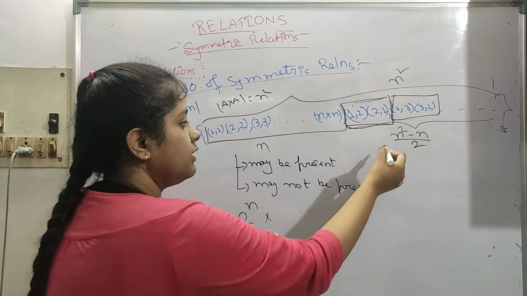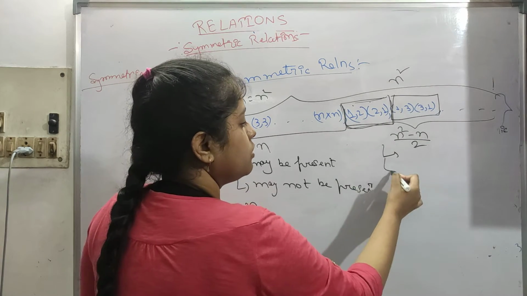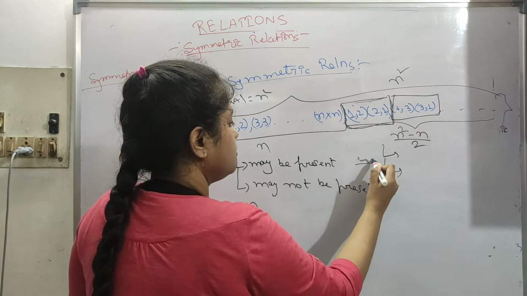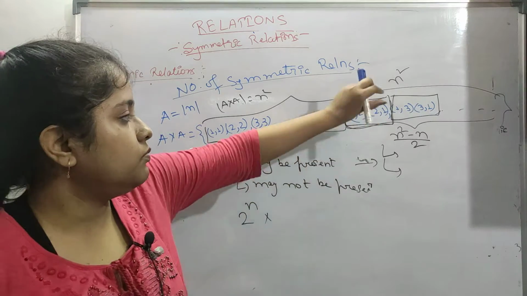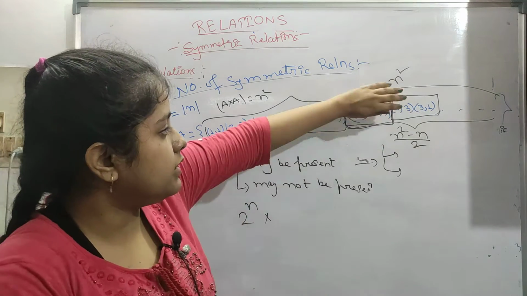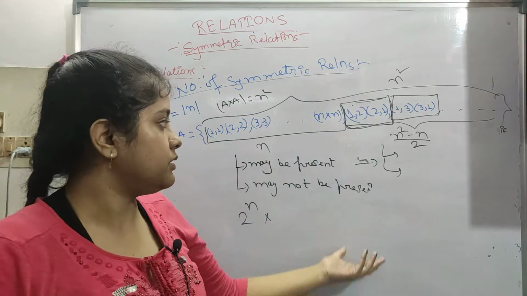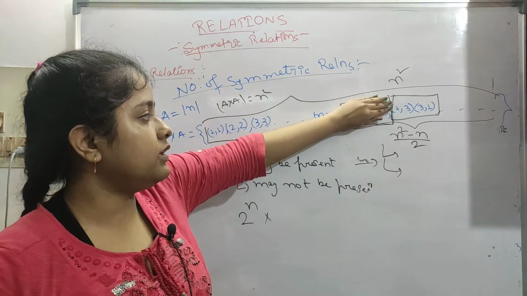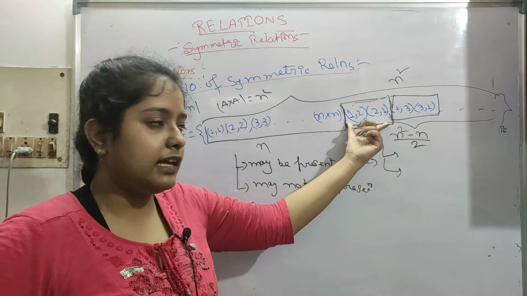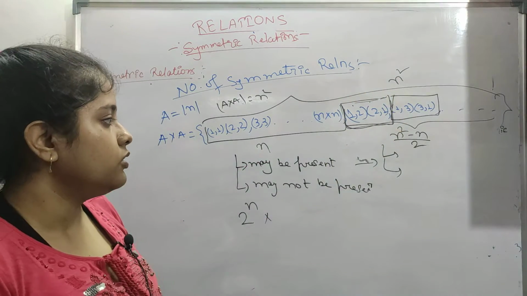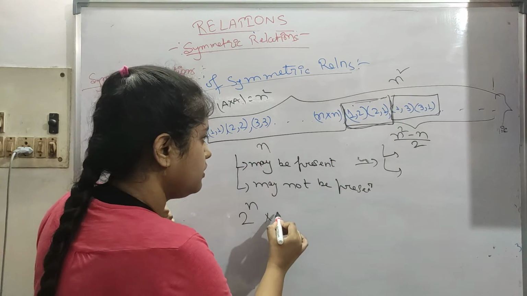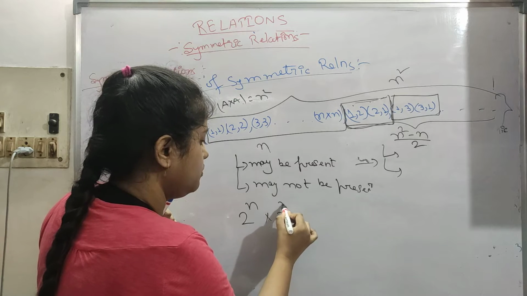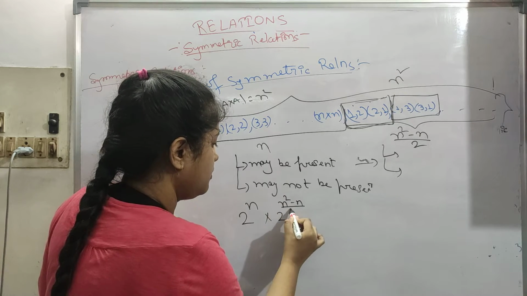Now this can be present or cannot be present, same thing as before. So we are grouping these two as a single one, and either this can be present or cannot be present. So now it is 2 to the power (n square minus n) by 2.